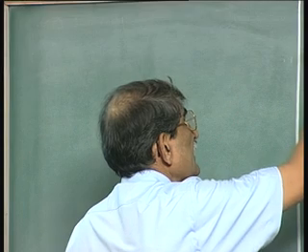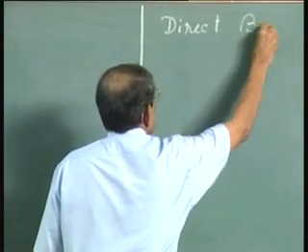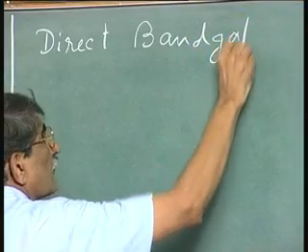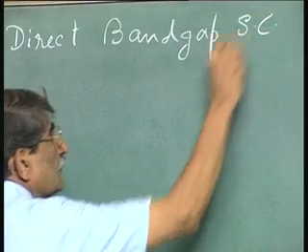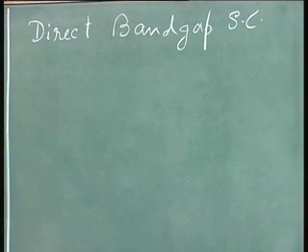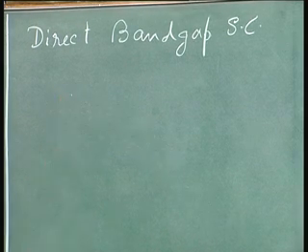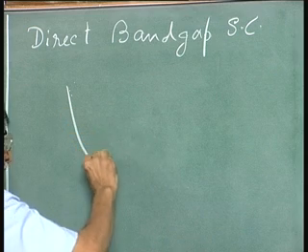The direct band gap semiconductor, SC standing for semiconductor. There, a simple diagram will be like this.